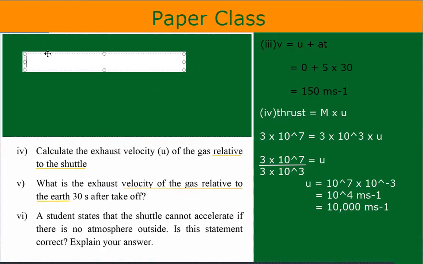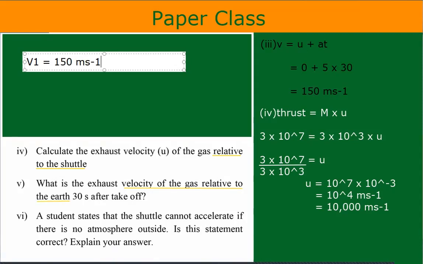S over T, sir. Yes, dear. S over T. Listen, I'll recall your memory. The rocket is moving up, right? Let me take it as V1. After 30 seconds, the velocity of the rocket is V1. We have found it as 150 meters per second.